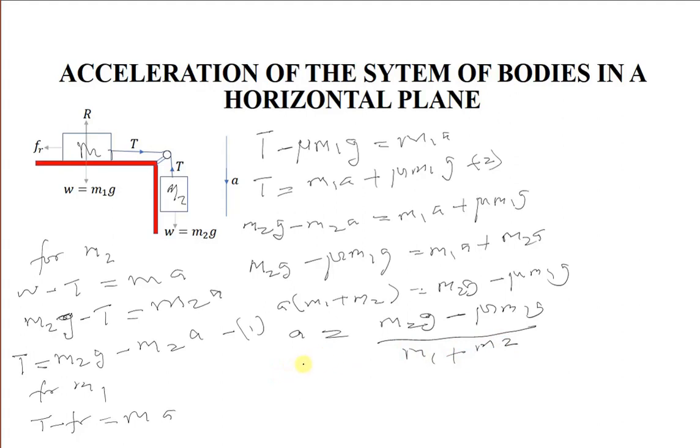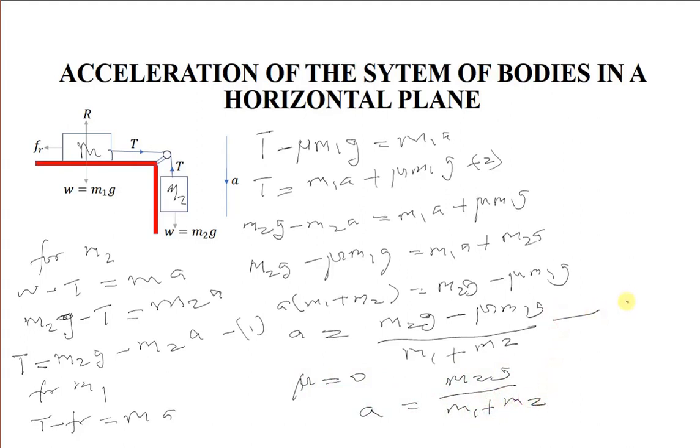Now, don't forget that if the horizontal plane is smooth, mu will be equal to 0. So the acceleration will now be M2G over M1 plus M2.